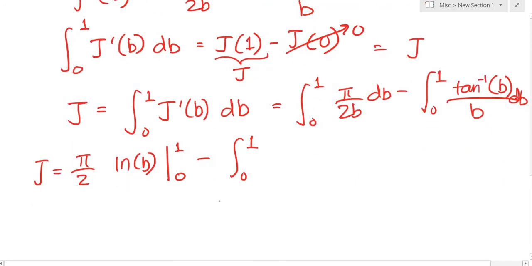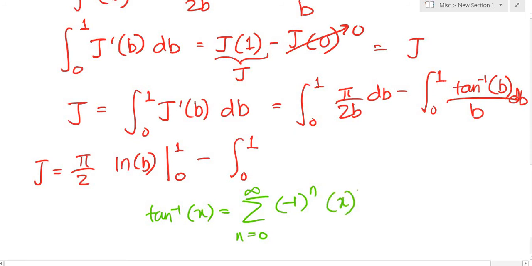So the Taylor series for our inverse tangent is as follows. We have inverse tangent of x is going to be the sum from n equals 0 to infinity of negative 1 to the nth power times x to the 2n plus 1 over 2n plus 1.